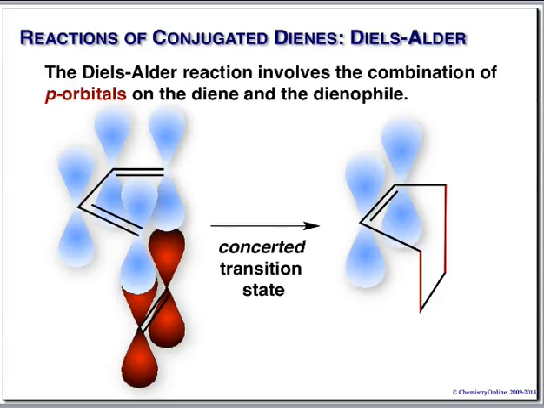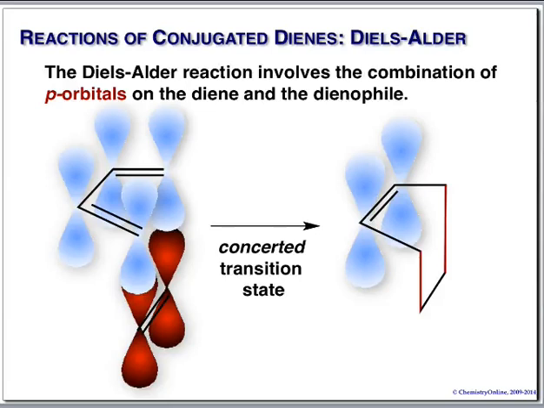The thing that I'm going to point out right now is that whatever stereochemistry we might have on our alkene, that is our dienophile, is going to be preserved. It's going to be preserved because all of these bonds form simultaneously.